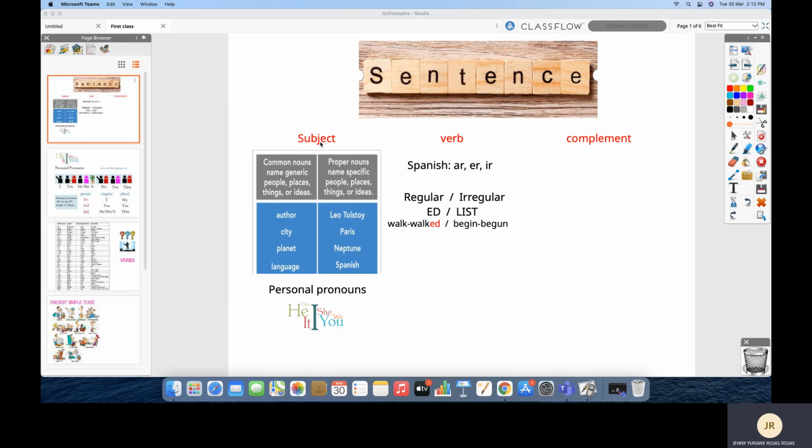In the first part, in the subject, we usually use common nouns. They can name generic people or places or things or ideas. Here we have some examples like author or city or planet or language.